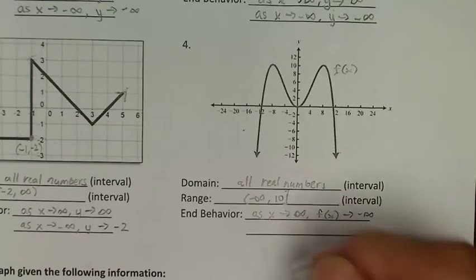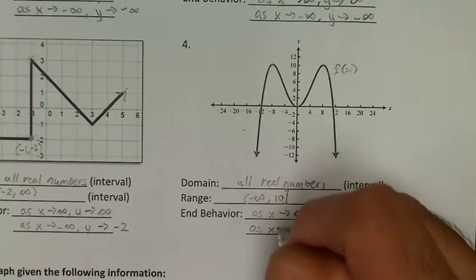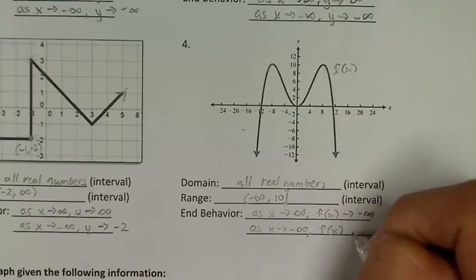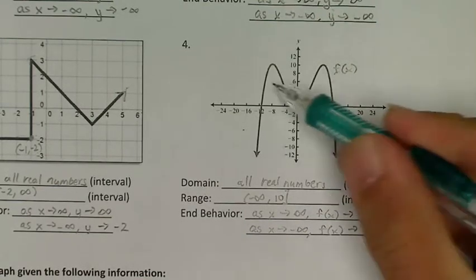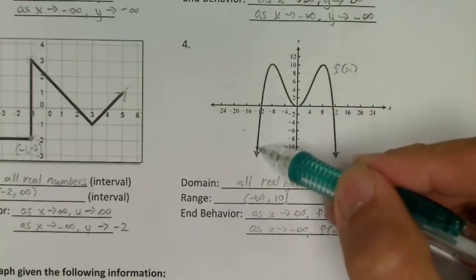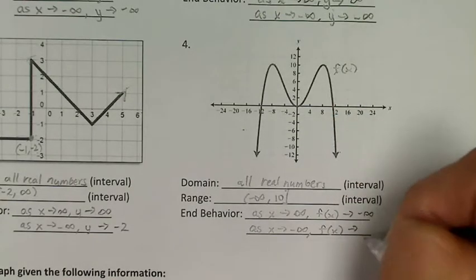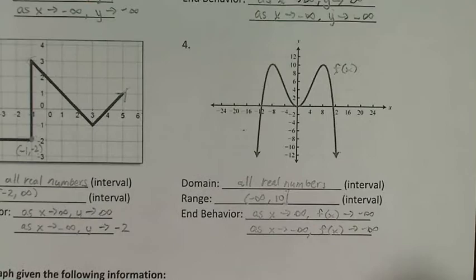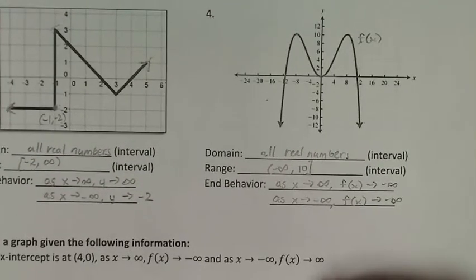The other side of the end behavior, as x approaches negative infinity, f of x is approaching. So as you go further and further to the left, you're also approaching negative infinity. So that is domain, range, and end behavior.